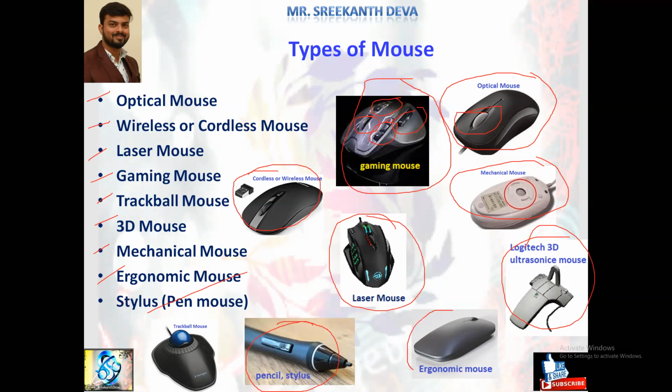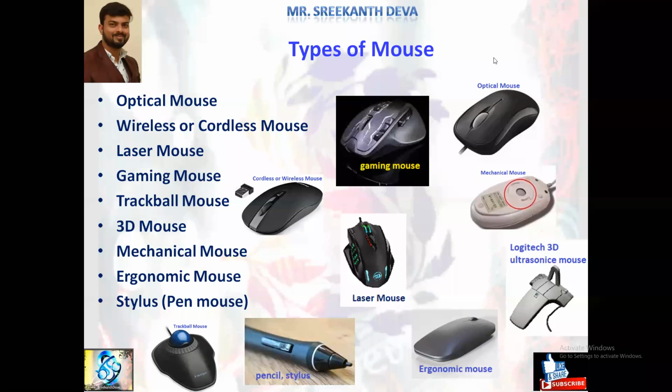This is called an ergonomic mouse. This is a trackball mouse. These are the different types of mice available in the market. All these mice behave as input devices for computers. This is the detailed explanation I provided about keyboards and mouse.